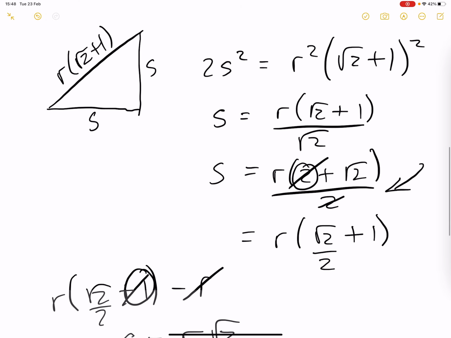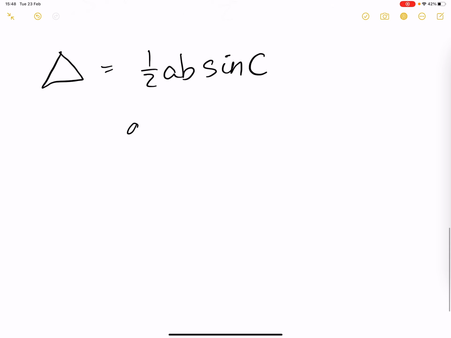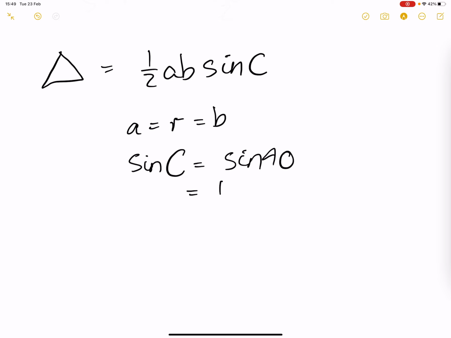So what I'm going to do now is say that the triangle's area is equal to, just ignore the fact I've drawn a triangle. I've drawn a triangle because it's just symbolising the area. Sometimes a triangle is used to denote the discriminant of a quadratic equation, or even a cubic equation, as I've shown in my polynomial series. So, half AB sine C. Well, A is equal to r, which is equal to B, and sine C is equal to sine of 90, which is just equal to 1.